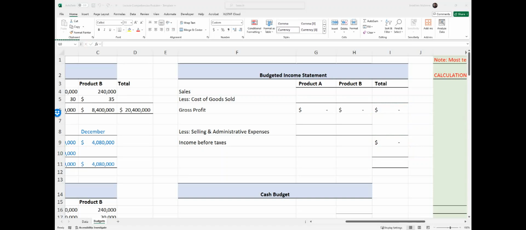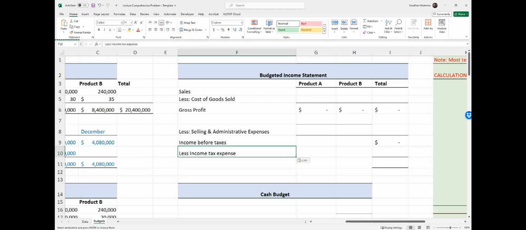So we'll subtract our taxes, and then once we subtract our taxes, we will have our net income. Okay, so that's what the income statement will look like. So let's go now and populate our income statement.